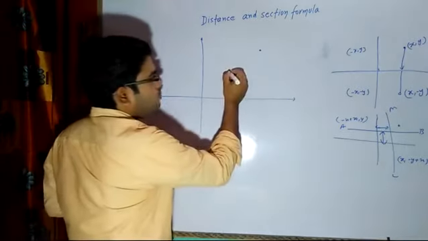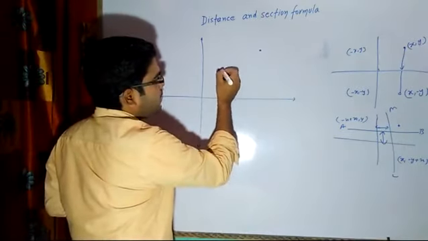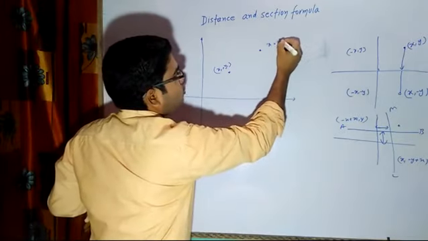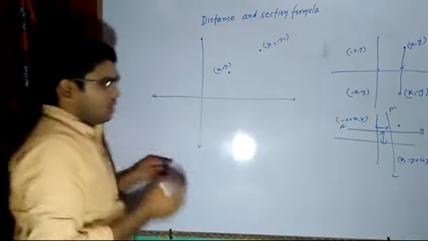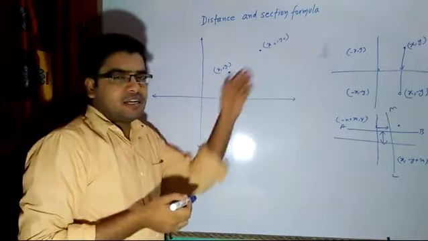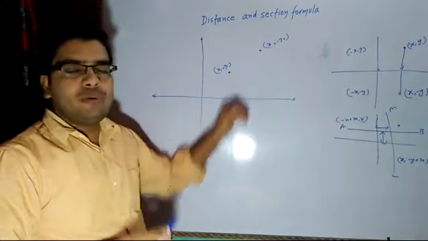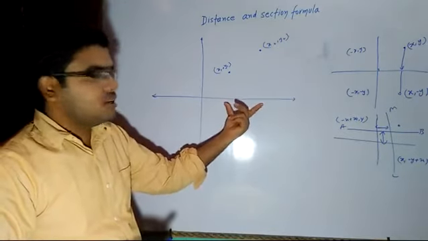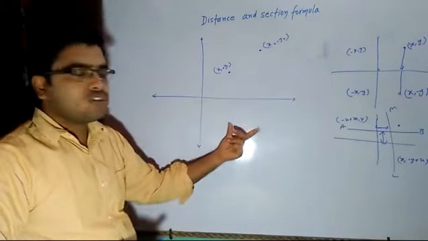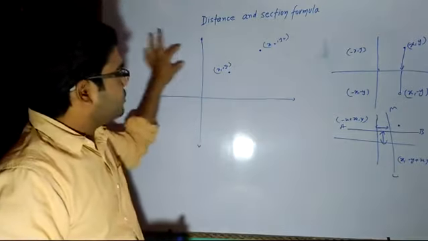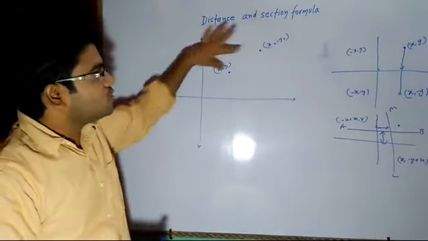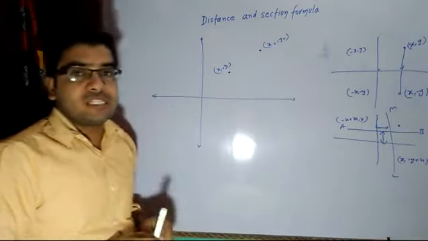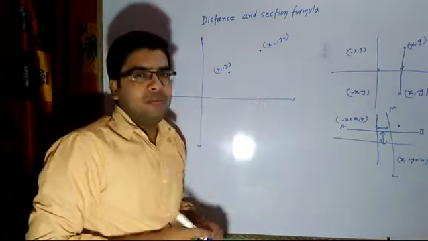I have marked this point as (x1, y1) and this point as (x2, y2). If these 2 points are reflected in the x-axis or the y-axis, the length is not going to change, since it is like reflection in a plane mirror.